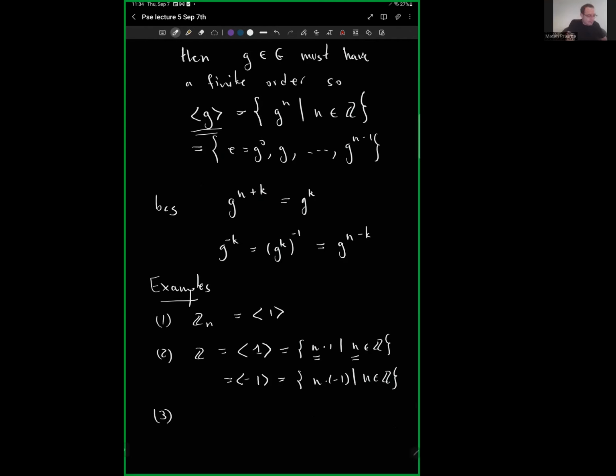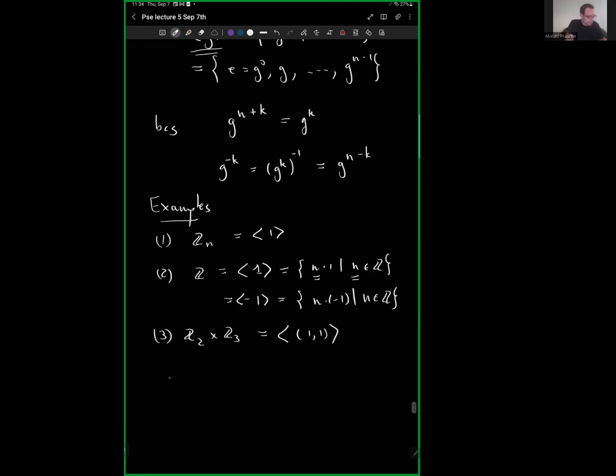Now we take a Cartesian product of two moduli. Let's say modulo 2 and modulo 3. And I claim that this is generated by the element (1, 1). Here we have 6 elements, so we can do it very explicitly. Take (1, 1) and add to it (1, 1).